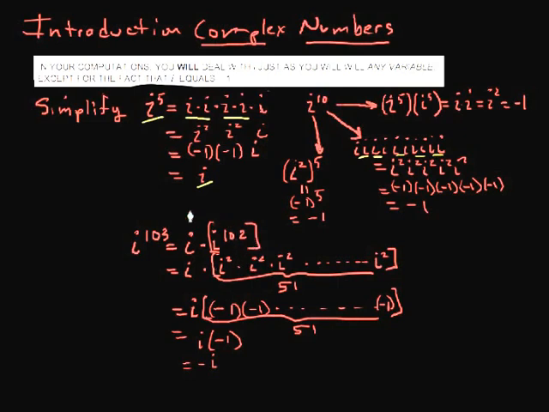To do this another way, we could look at this as i times i to the 4th raised to the 25th power times i squared. Now why does this all make sense? i to the 4th to the 25th power is i to the 100th, plus 2 more is 102, plus 1 more is 103, which gets us back to the original. So we have i, that's our first term.